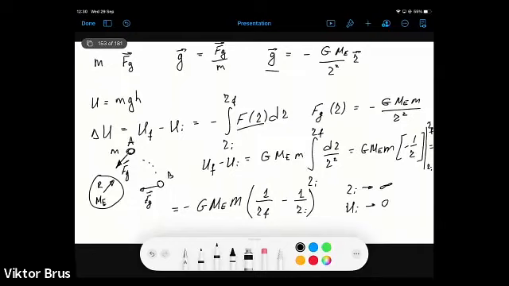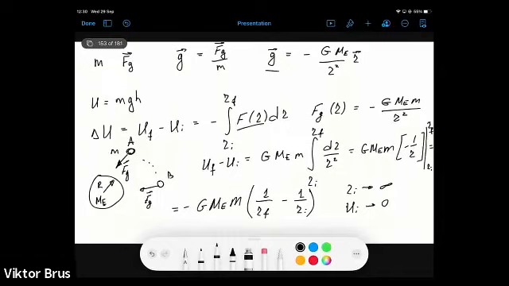So at an infinitely large distance from the planet, the potential energy of the gravitational field approaches zero, which makes sense because of this huge distance.